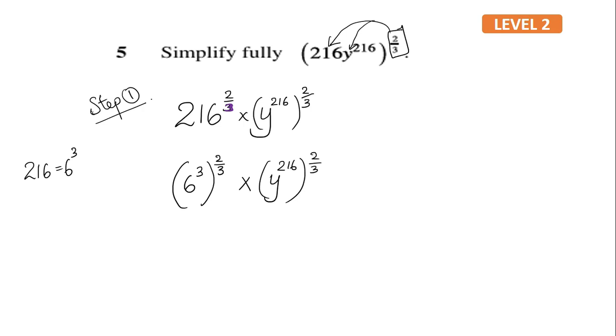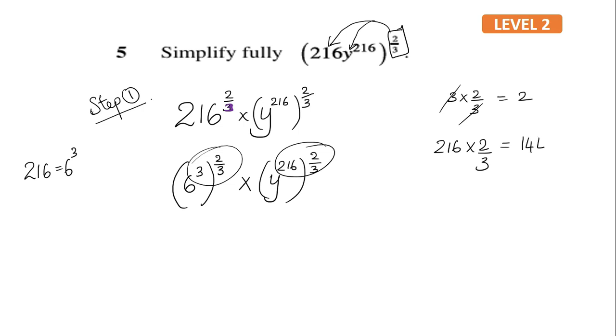So we know what to do here. It's like 3 multiplied by 2 by 3 in this part, which is going to be just 2, and here it's going to be 216 times 2 over 3. If you simplify this, you will get 144. So now the power is going to be this.